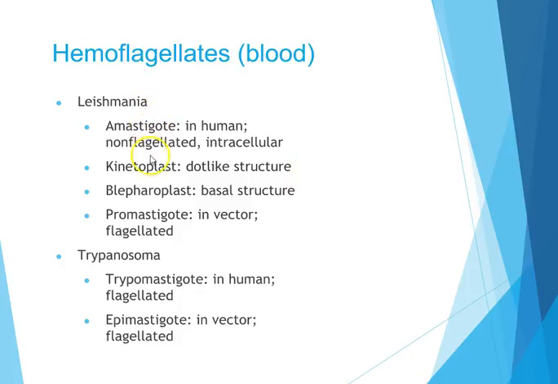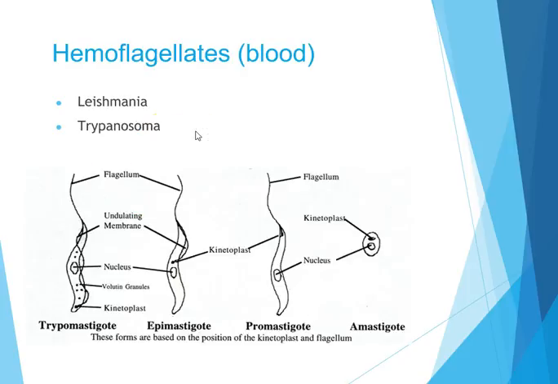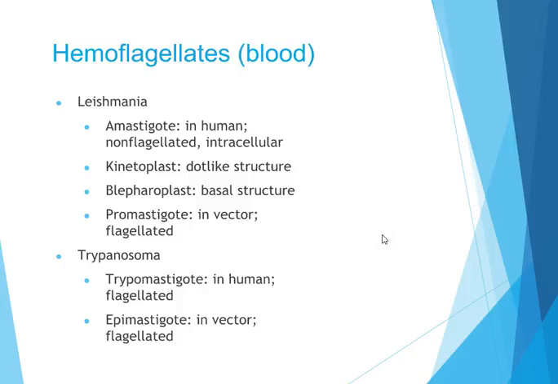In Leishmania, these are the phases, the amastigote and the promastigote. The amastigote is a small oval organism that's seen in the blood smear. It doesn't have any flagella, and it can be intracellular.